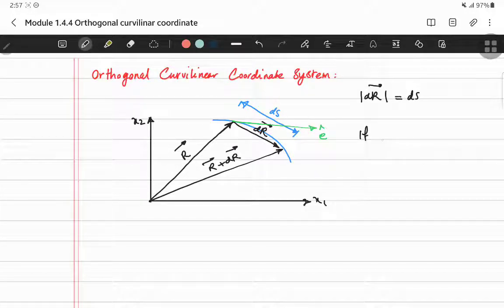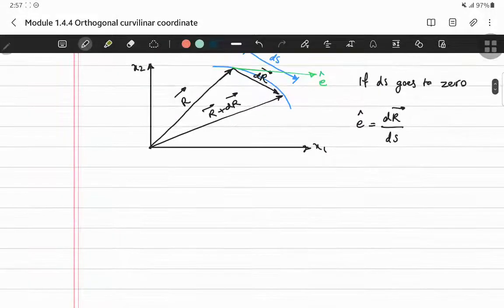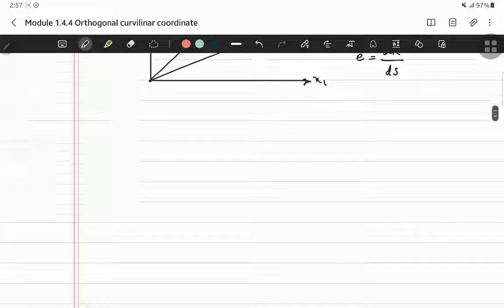So if ds goes to 0, so ds becomes so small that the dimension of dr is equal to ds, therefore we will have e as dr divided by ds, right? So here you can see how r is changing with s. So you will have this tangent line or this unit vector here.